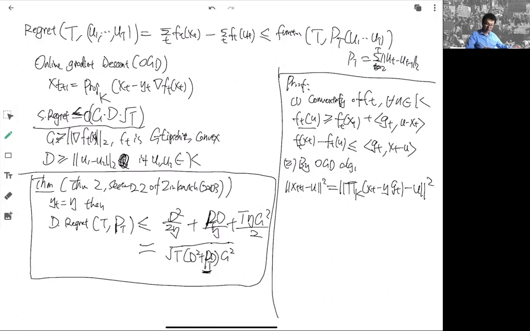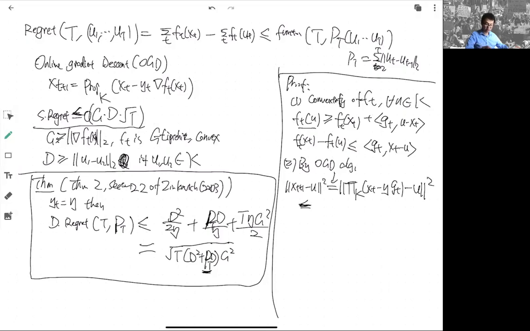This is simply by the algorithm. As usual, we'll expand this and construct the xt minus u squared out of it. But first, let's deal with this projection.